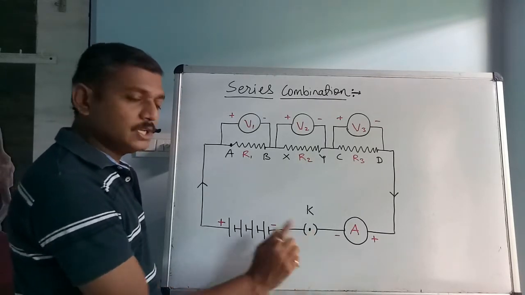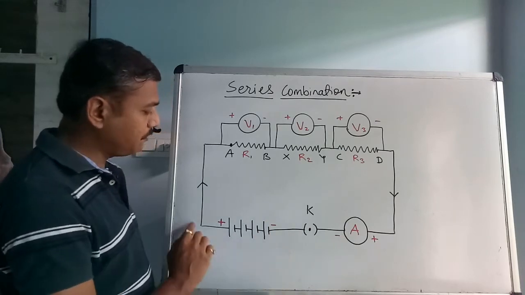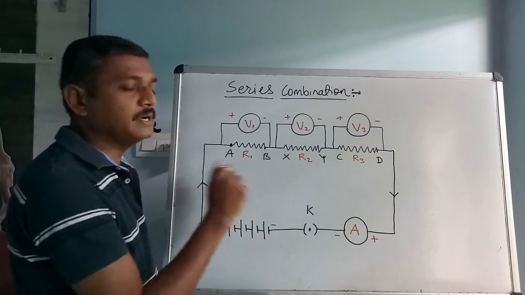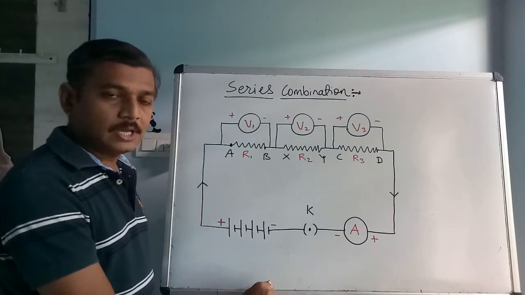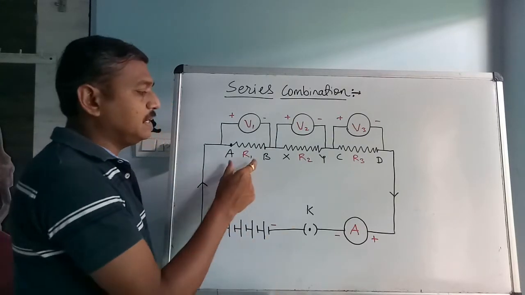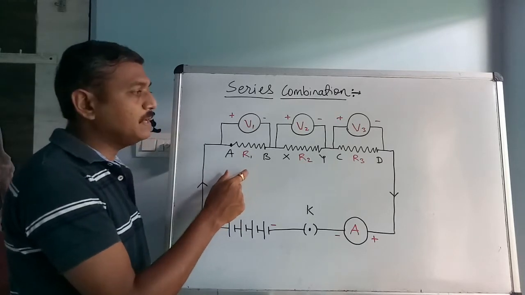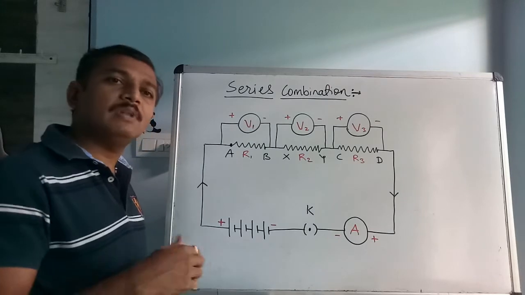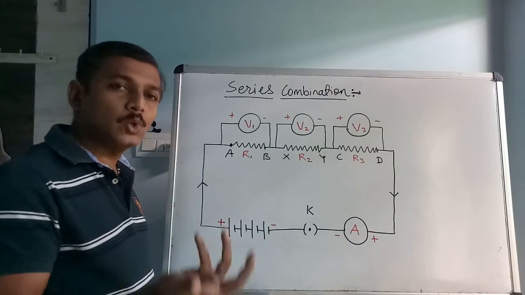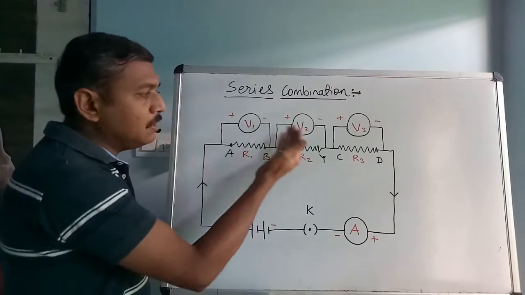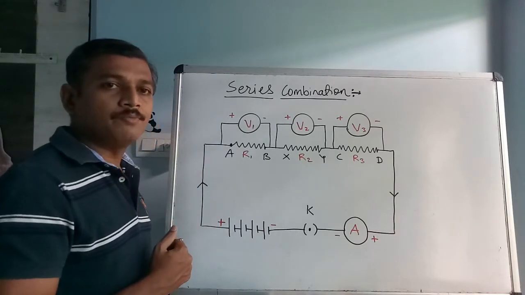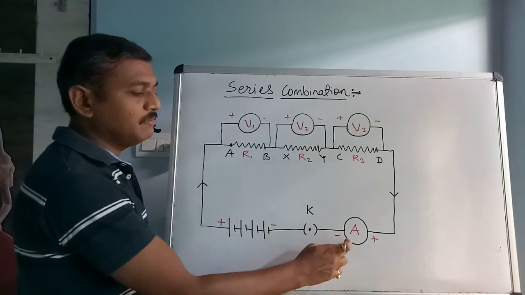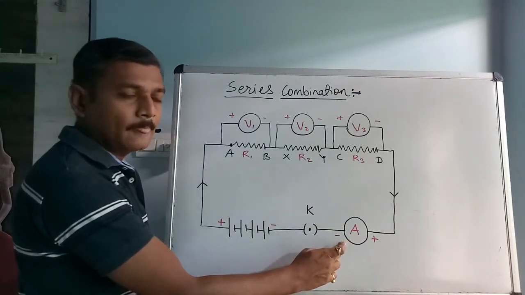Now as this circuit is on, the current will flow like this. We will get readings at different times. For example, if we connect the voltmeter across R1, we will get a reading V1, and the ammeter A will also give some reading. We will note that. Then we will measure the potential difference across R2 as V2, and we will get one reading here also.